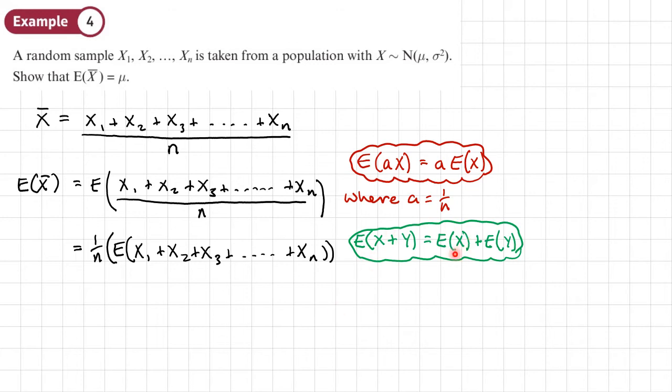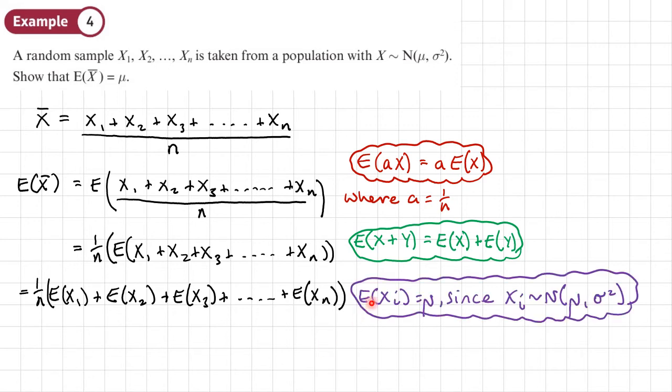Next I can use this rule here and actually separate all of these out. So I now have E of x1 plus E of x2 plus E of x3 plus all the way up to E of xn.